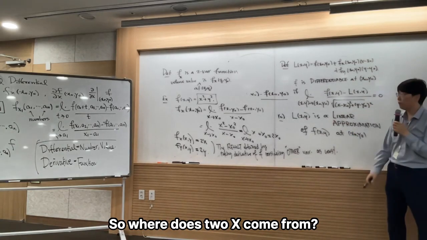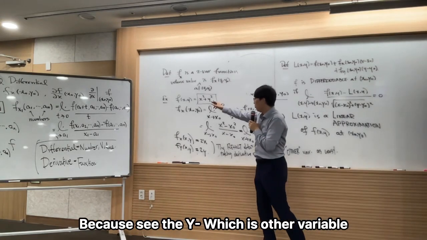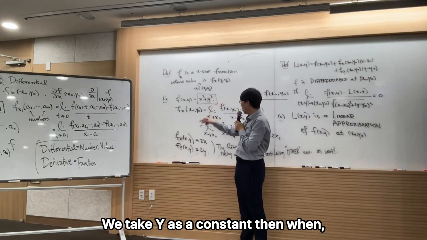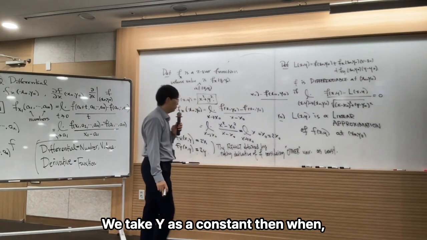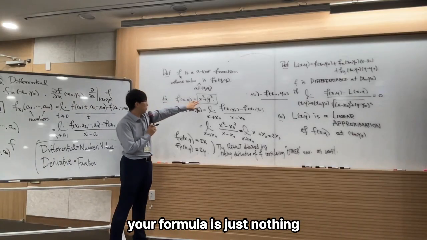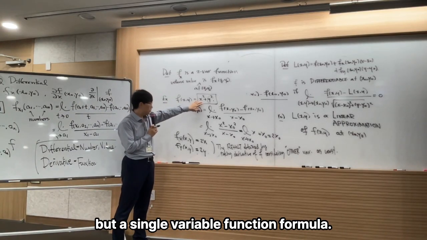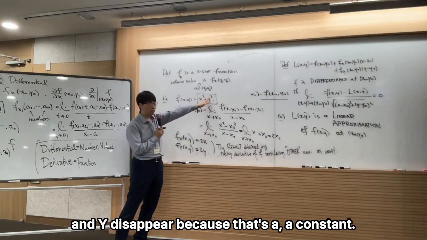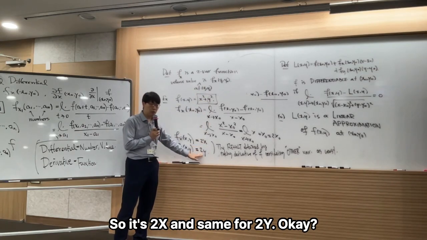Where does 2x come from? We consider y, the other variable, as a constant, because our focus is on x. Then your formula is nothing but a single-variable function formula. So we can take the derivative in that variable, and y disappears because it's a constant. So it's 2x, and the same for 2y.